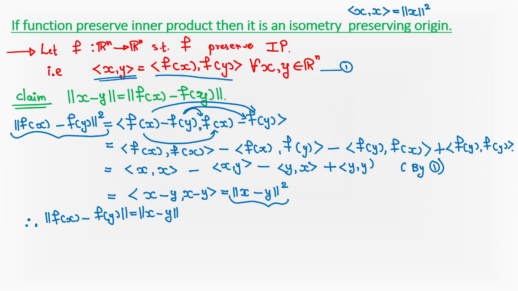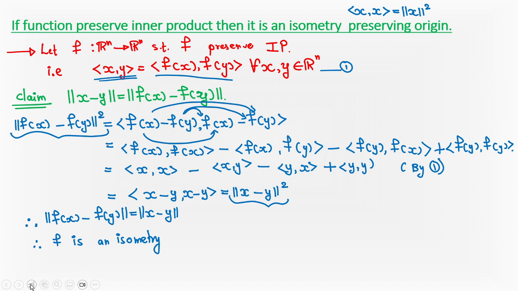Is it fine? True? Okay. So this proves that if it is preserving inner product, then it is going to be isometric. Therefore, my f is an isometry. But we don't just want it to be an isometry. We want it to be an isometry preserving origin.